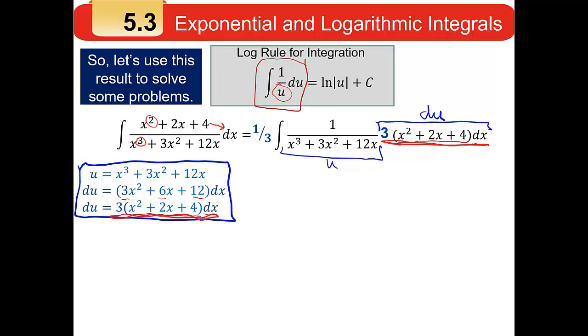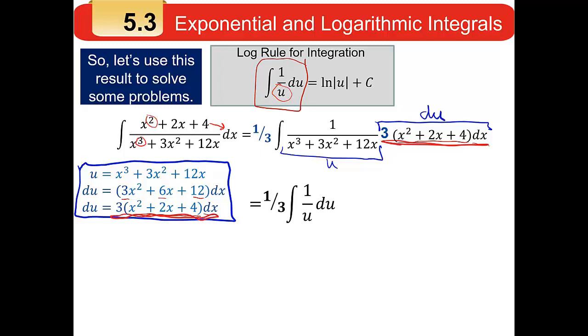So as you can see now, u is the denominator of that fraction, so you'll get 1 over u, and then the whole complicated expression involving x's and dx's becomes du. So when you substitute, that whole nasty looking problem comes down to the form of 1/3 times the integral of 1 over u du.